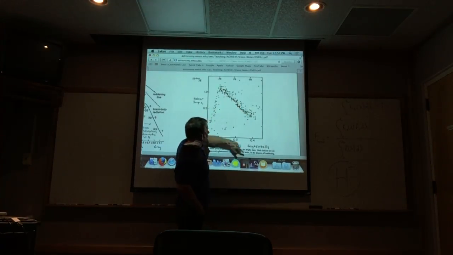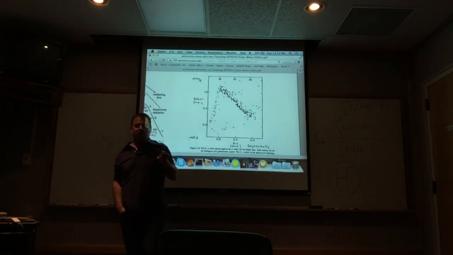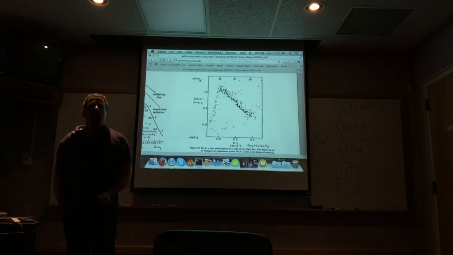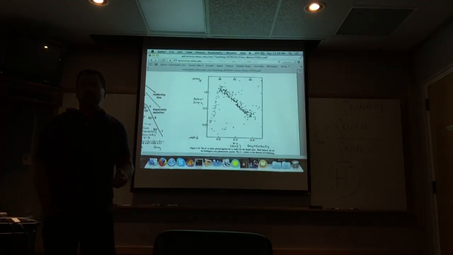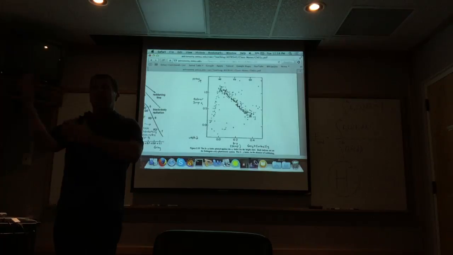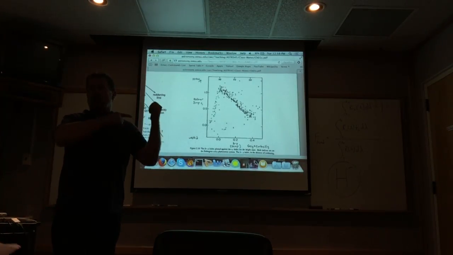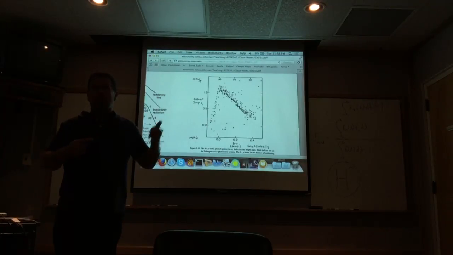They could plot the star, go, oh, it falls over here, therefore that's a G0 star. It's basically a quick and dirty way. You take 3, 4 bands through the Stromgren filters of a star, measure the fluxes, do the magnitudes, measure the C1 index, B minus Y, plot it up there, you're good to go.